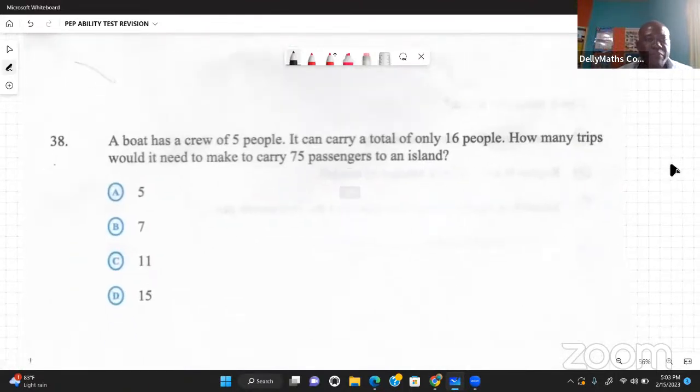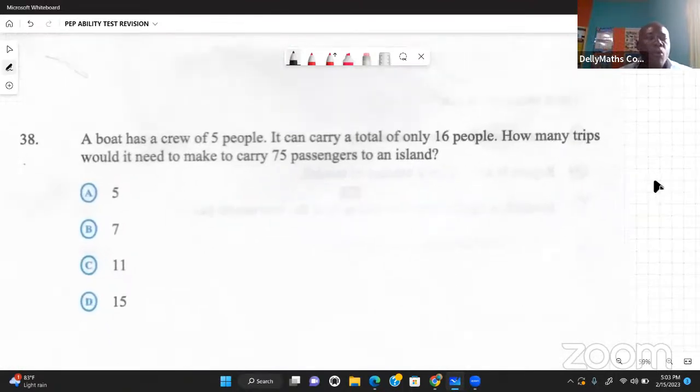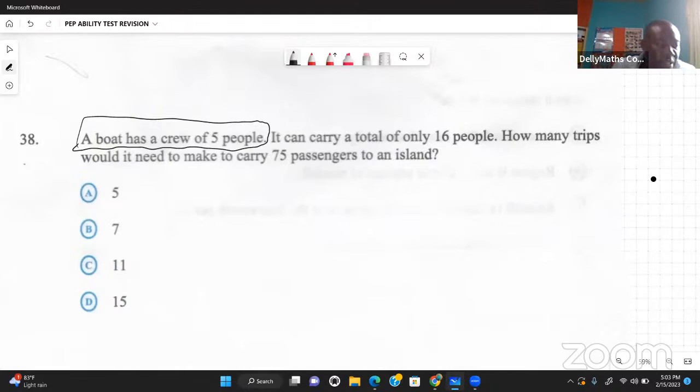Let's go for 38. 38 now says a boat has a crew of 5, right? Remember, the boat has a crew of 5. And what this means is the people who are working on the boat, so they're always there. Those persons are always on the boat. You have 5 people working on that boat, right? Now it says here it can carry a total of 16.